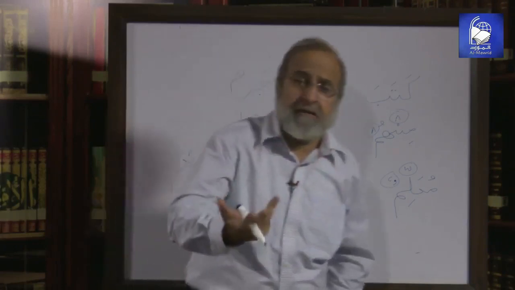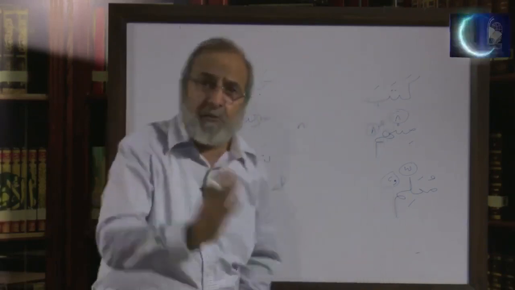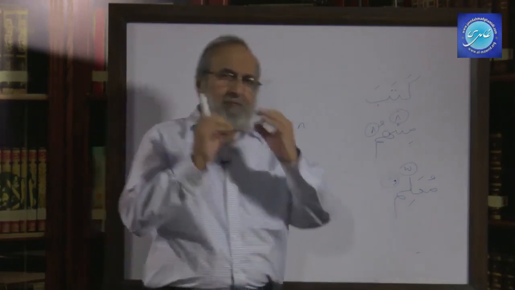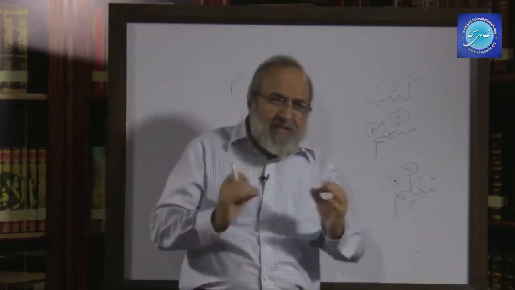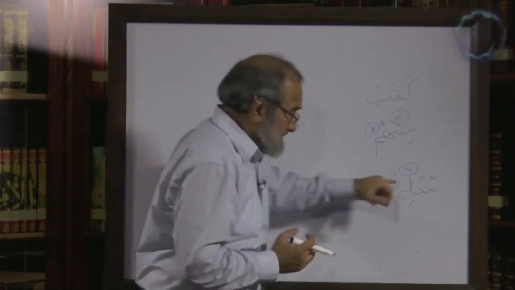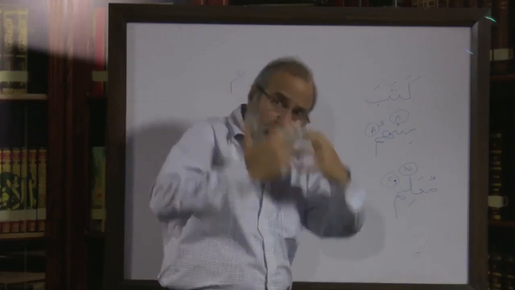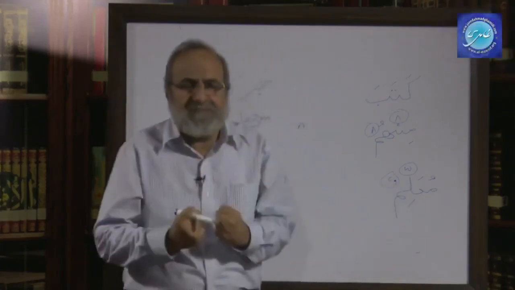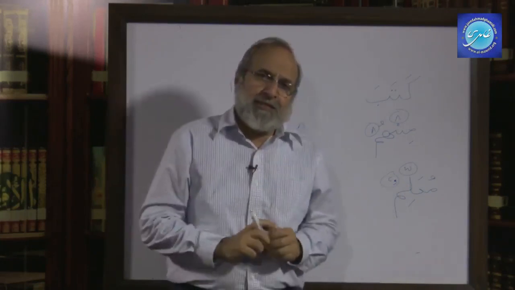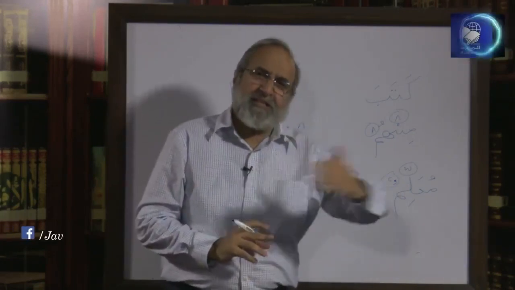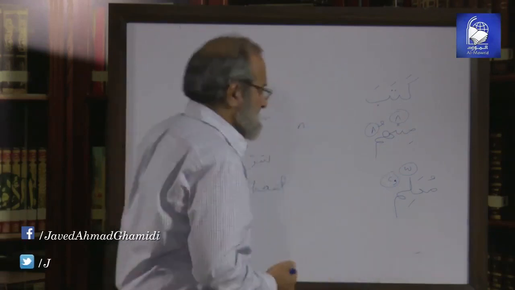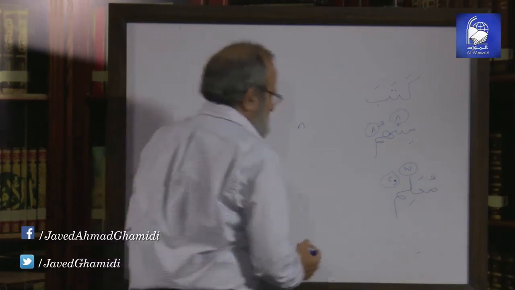As we say, double L, double M. It's double lam over here, which is signified by tashdid, but the net result, the effect on the manner the word is pronounced, is that you stop like you stop in the case of jazm, and then you move on. You are pushed through to the next letter with one vowel or the other. Let's take another example.